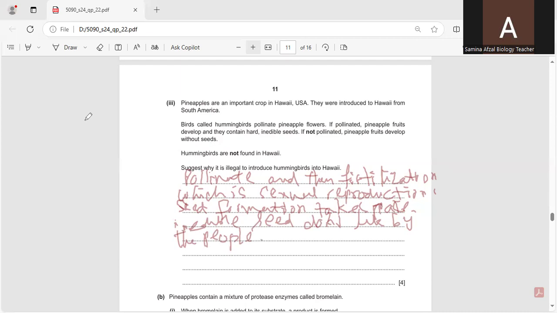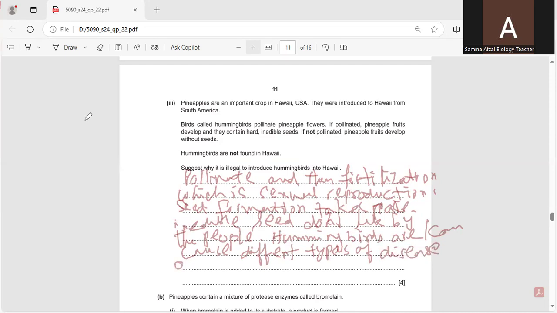So in this way, hummingbirds can cause different types of diseases on their introduction to the place. So they can cause different problems.